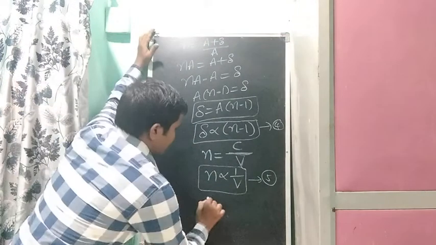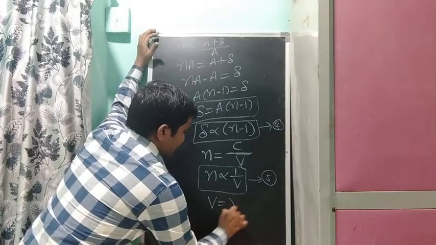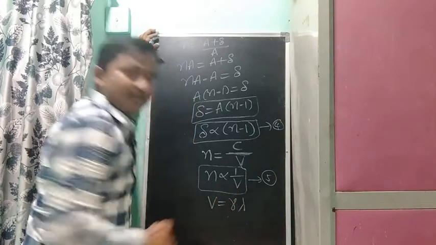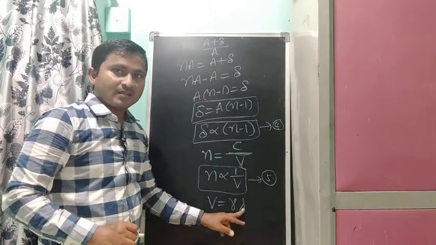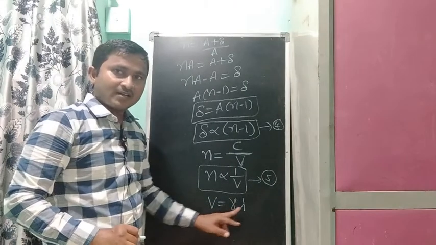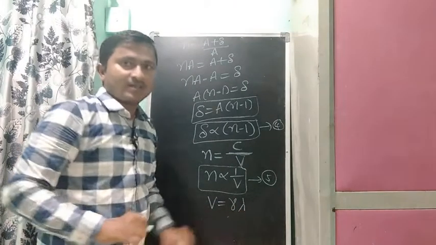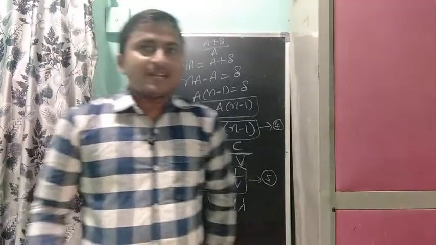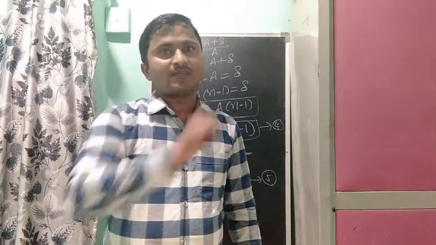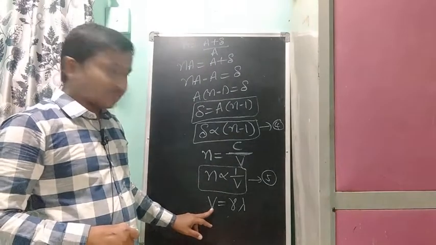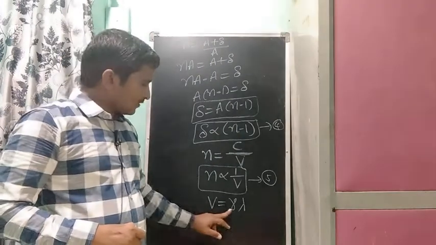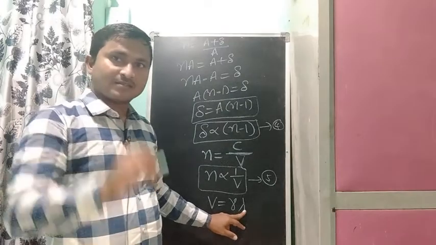Also we have the speed of light is given by v equal to nu lambda, where nu is the frequency of light and lambda is the wavelength of light. Here, whenever the light ray moves from one medium to another medium, the speed of the light changes. So whenever the speed of the light changes, either frequency or wavelength must change.